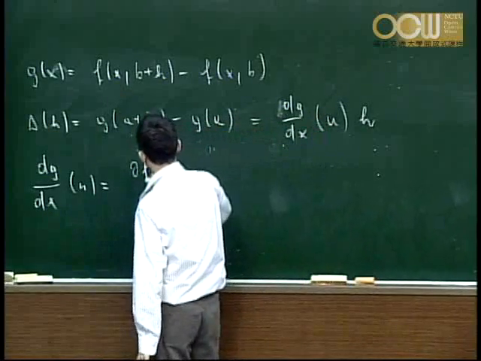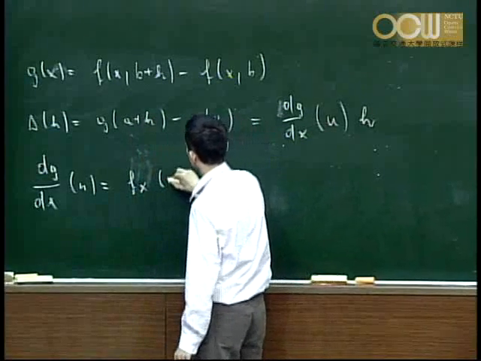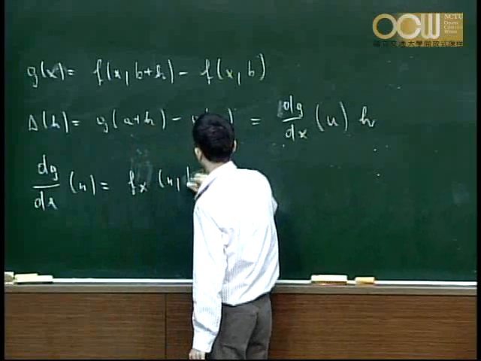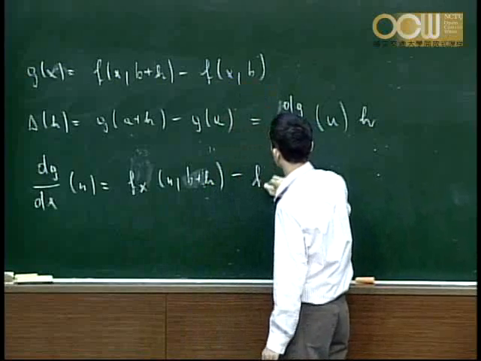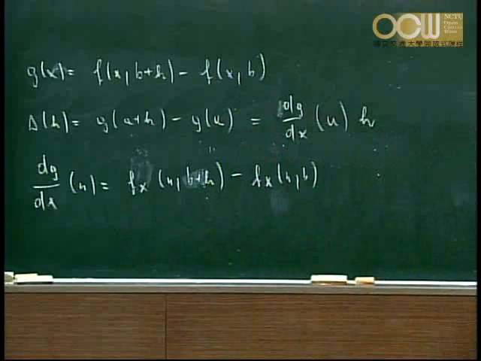So we have here the partial derivative of f with respect to x at u, b plus h, minus the same, the partial derivative of f with respect to x at u, b.